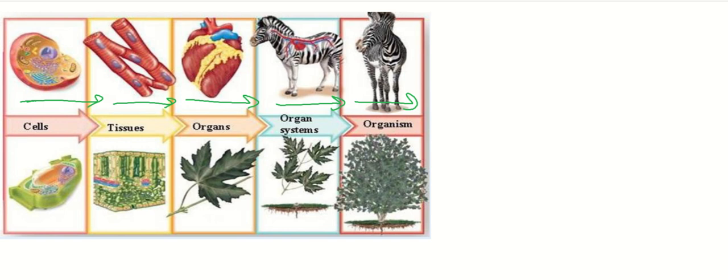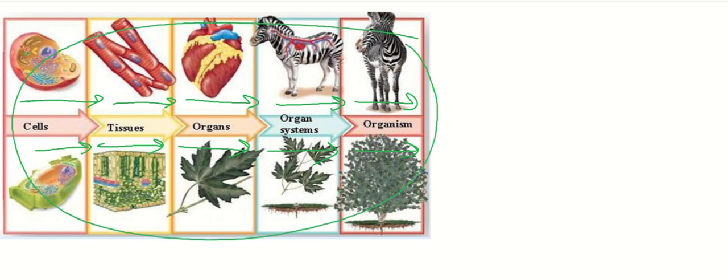All right, same thing with plants. Plants have cells that make up tissues that make up organs. So leaves are organs, and then the organ system, and then the entire tree would be the organism. Okay, so when an organism is made up of more than one cell, in fact, trillions of cells usually, they'll have this kind of organization, and you need to know the sequence of this organization.